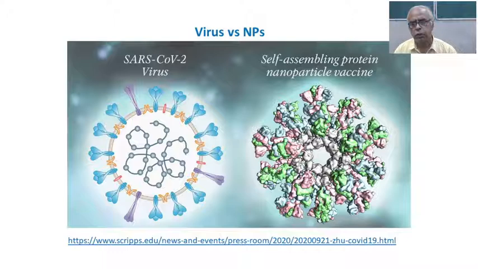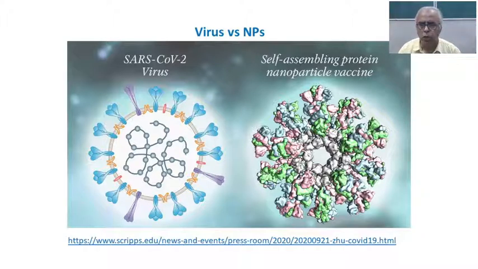When we compare the structure of the COVID or SARS-CoV-2 virus, you can watch this, what you are able to find out here. You can find some similarity here, is it not? And you can see the self-assembling protein nanoparticles on the right side.